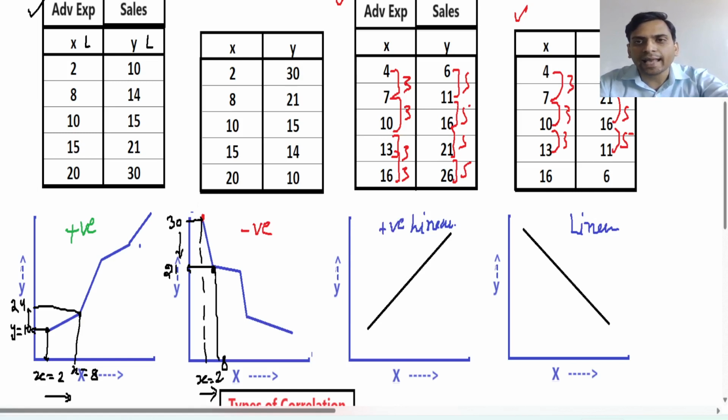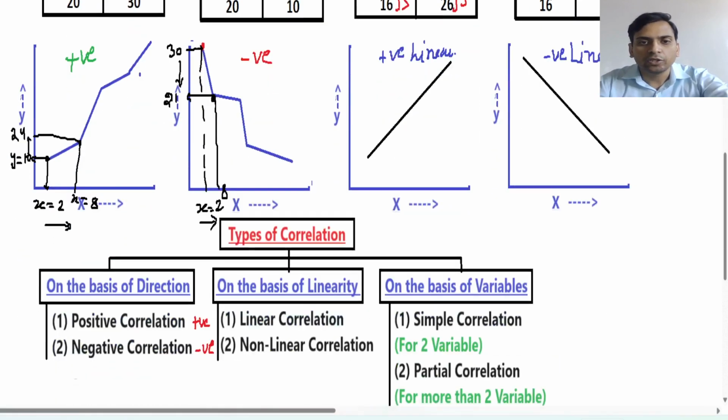And in this case, X is increasing, Y is decreasing. That's why both the variables are in opposite directions. That's why there is negative linear correlation. So this is linear. This means this may be in an upward direction, positive linear, and this may be in a downward direction, negative linear correlation.